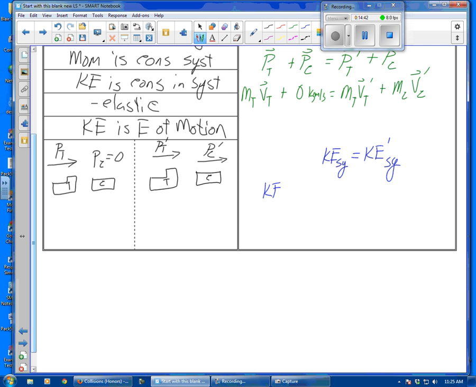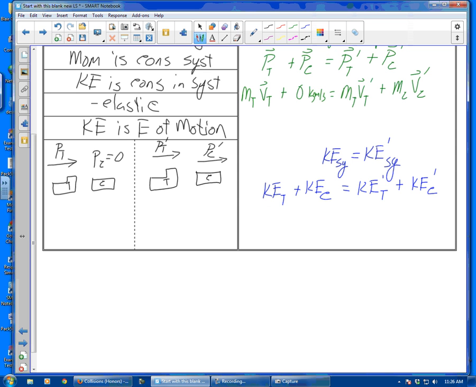So I've got kinetic energy of the truck plus kinetic energy of the car equals the new kinetic energy of the truck plus the new kinetic energy of the car. Notice that those are scalars, not vectors, so the directionality doesn't matter with kinetic energy, whereas it does matter with momentum.